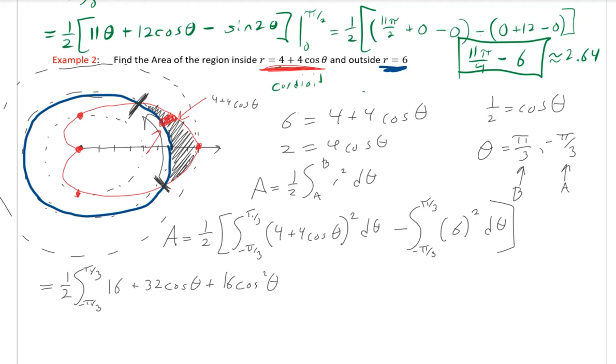You can also pull the 4 out initially if you wanted to. d theta. And then we're going to have minus, we determined this was 36 times 1/2 is 18 theta, from negative pi thirds to pi thirds.